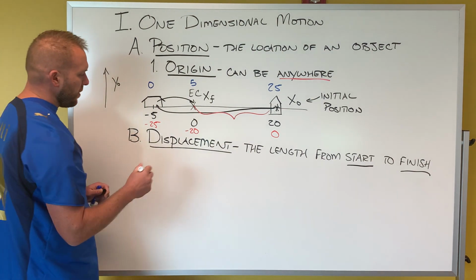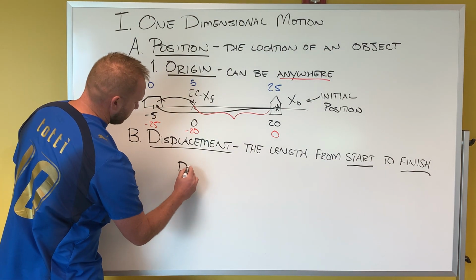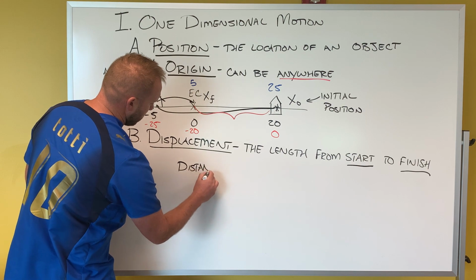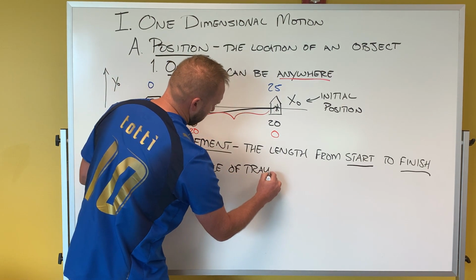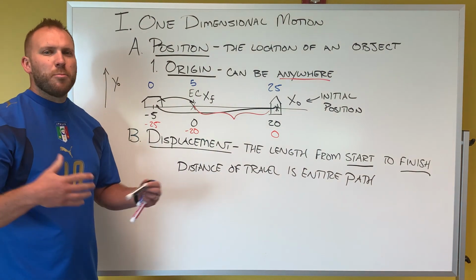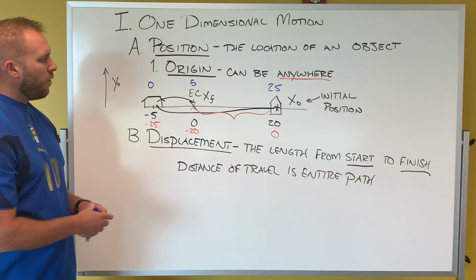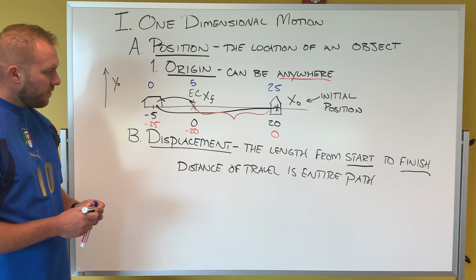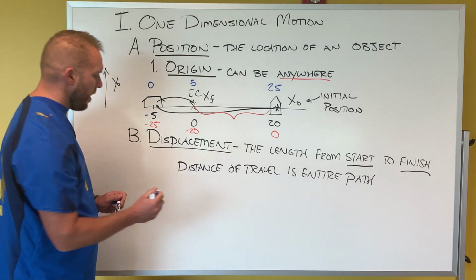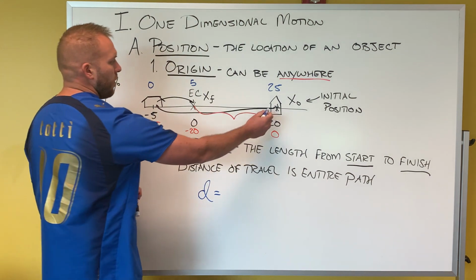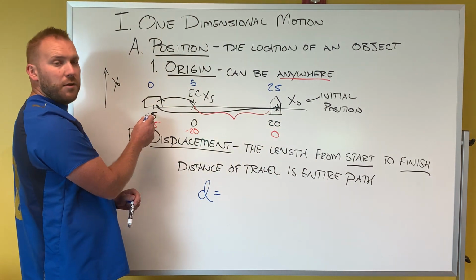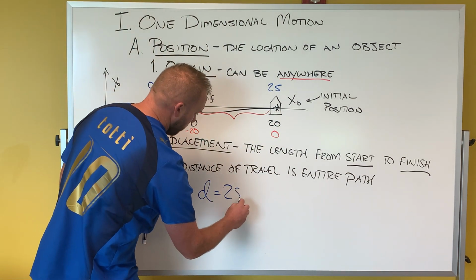Now this is different than distance, right? The distance of travel is the entire path, okay? So if we look at this scenario, what is the total distance that I traveled, which is lowercase d? Well, I went 20 to -5, so I went 25 miles there.